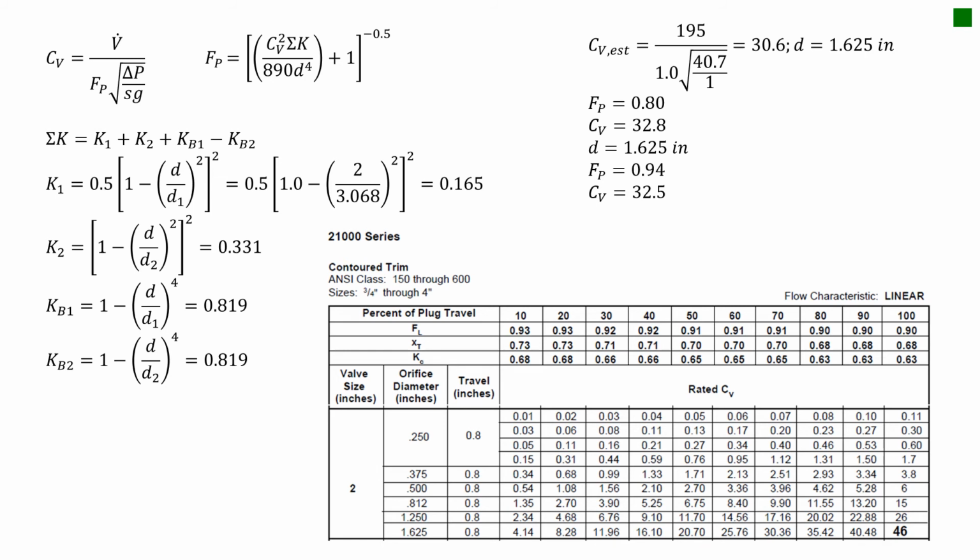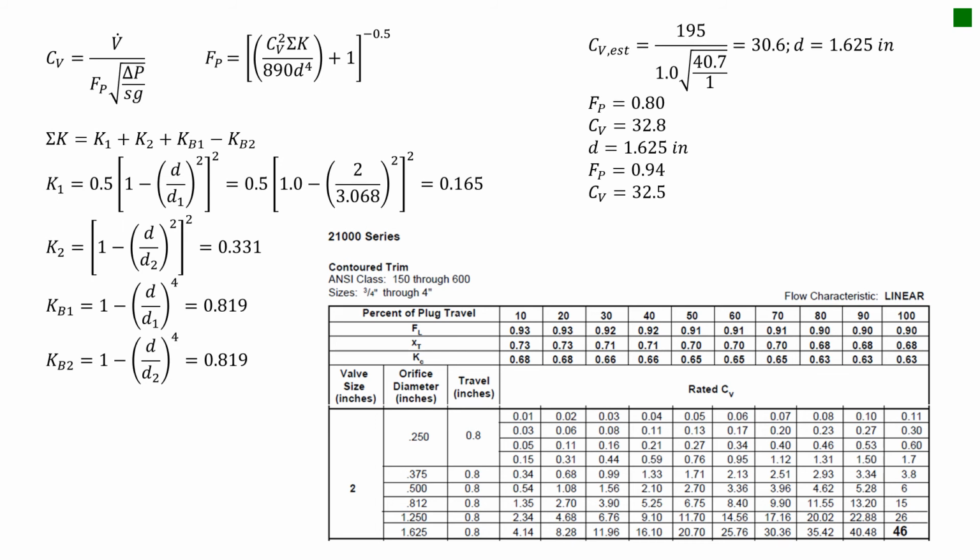Now that I know my estimated value of CV, 30.6, and my true diameter, 1.625, I can recalculate my K1, K2, KB1, KB2, and I can recalculate my value of FP using that first estimate of CV, and it turns out to be 0.8. By using the value of 0.8, I recalculate my CV, and now it's at a value of 32.8. Again, 1.625 inches is still appropriate.